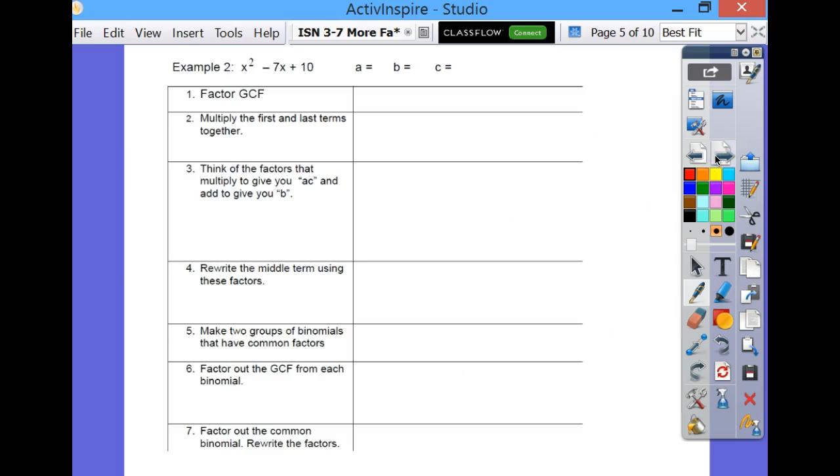Well, let's see what the shortcut is on example number 2. Okay, on example number 2, what is the A? Can I use the shortcut on this problem? You can use the shortcut if A is equal to 1. There's no GCF.